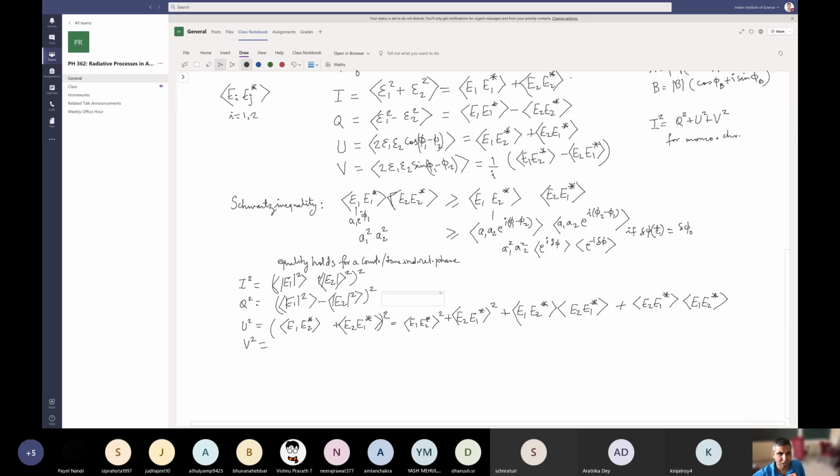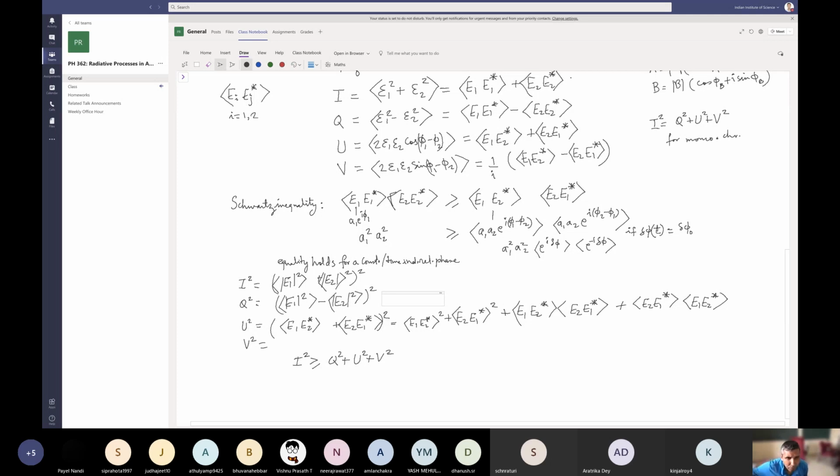Now, using this Schwarz inequality, you can actually show that for a general non-monochromatic, quasi-monochromatic light, I squared is greater than or equal to Q squared plus U squared plus V squared. So the equality holds only for perfectly monochromatic waves, and in general you have this inequality.